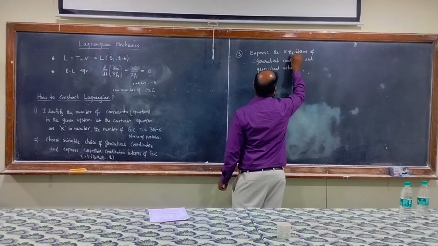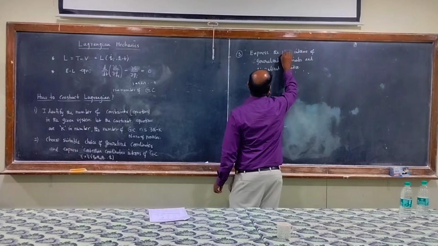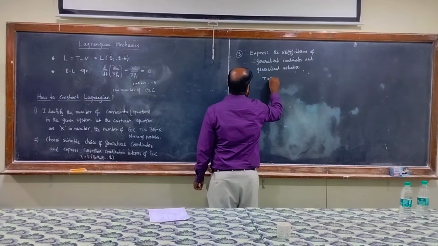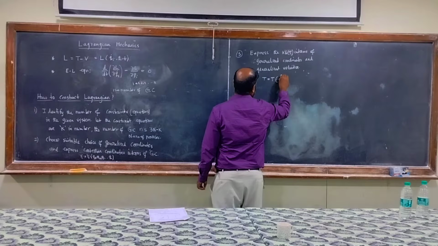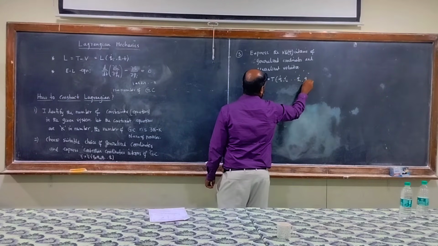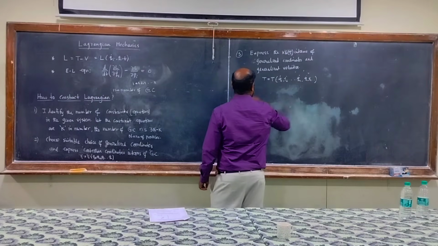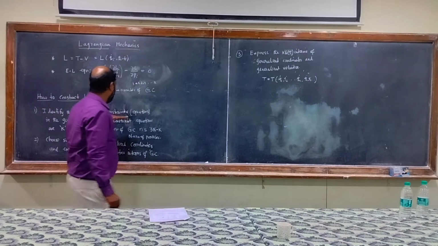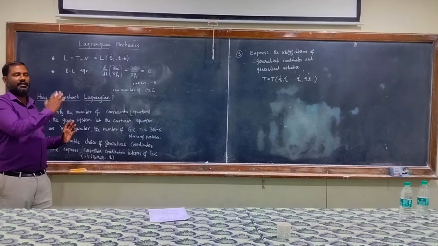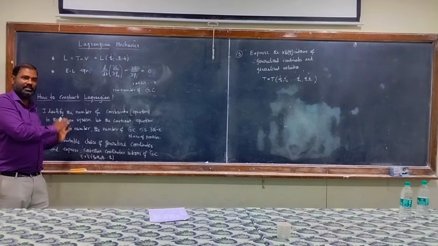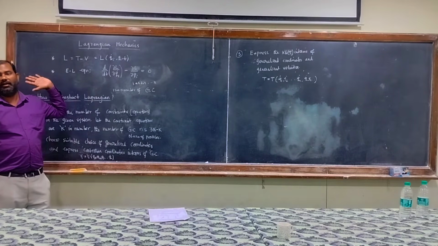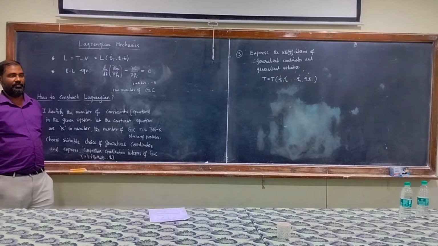Kinetic energy T must be a function of q1 dot, q2 dot up to qn dot, and possibly q1, q2. So to recap: the first step is to identify the constraints. Second, write the generalized coordinates and get the transformation equations, Cartesian in terms of generalized coordinates. Third, express the kinetic energy.